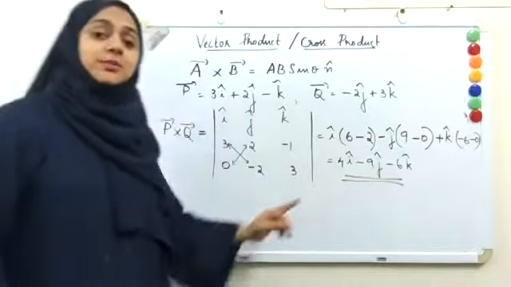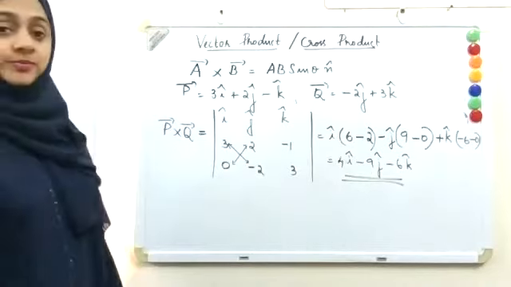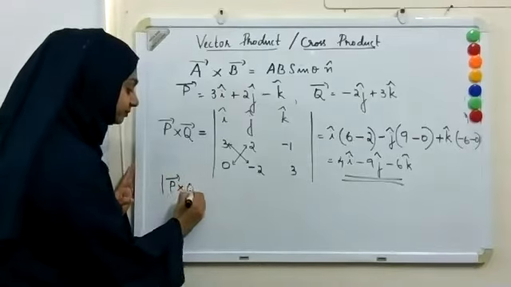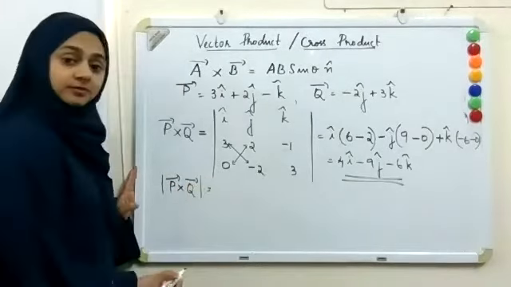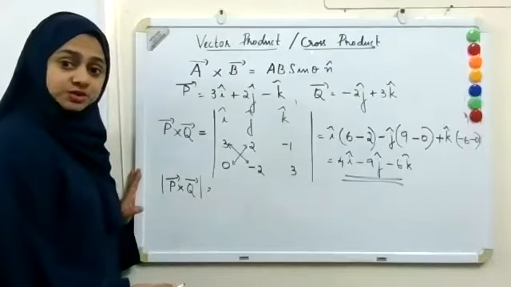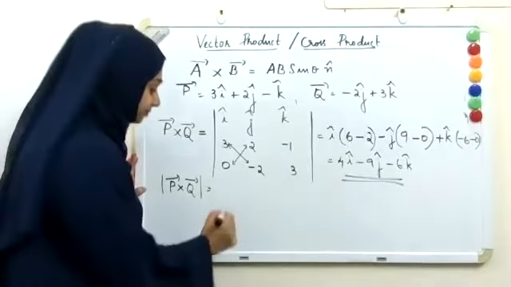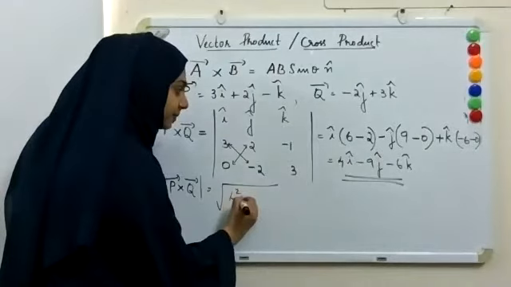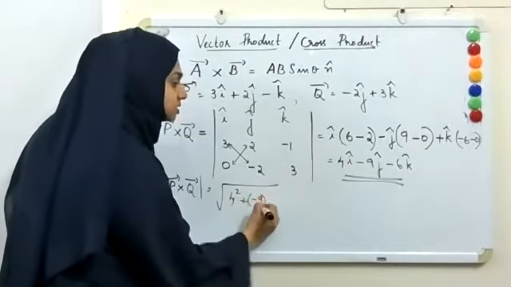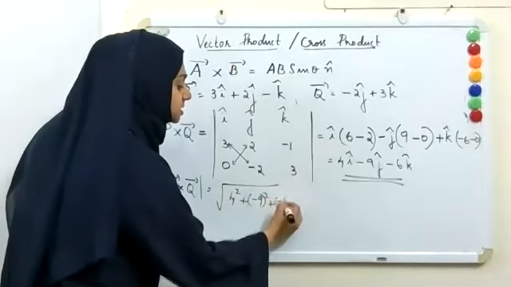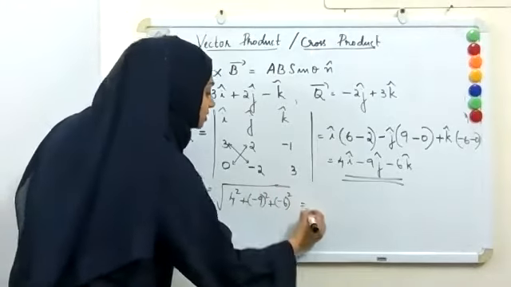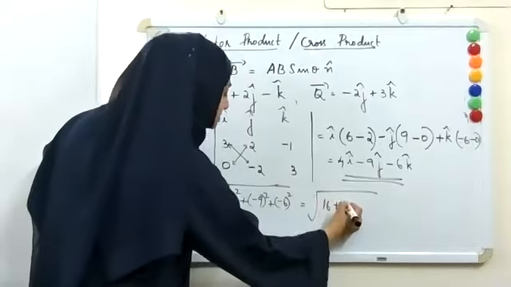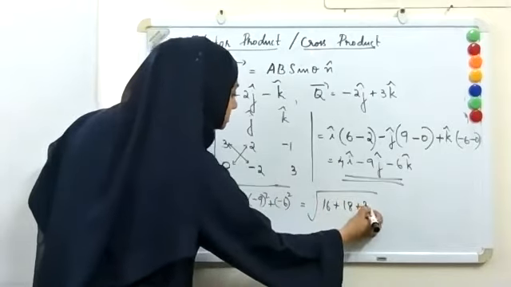Now, how to find the magnitude of this vector? How to find the magnitude of p cross q? The magnitude of p cross q is equal to root over 4 squared plus minus 9 squared plus minus 6 squared. So this is equal to root over 16 plus 81 plus 36.